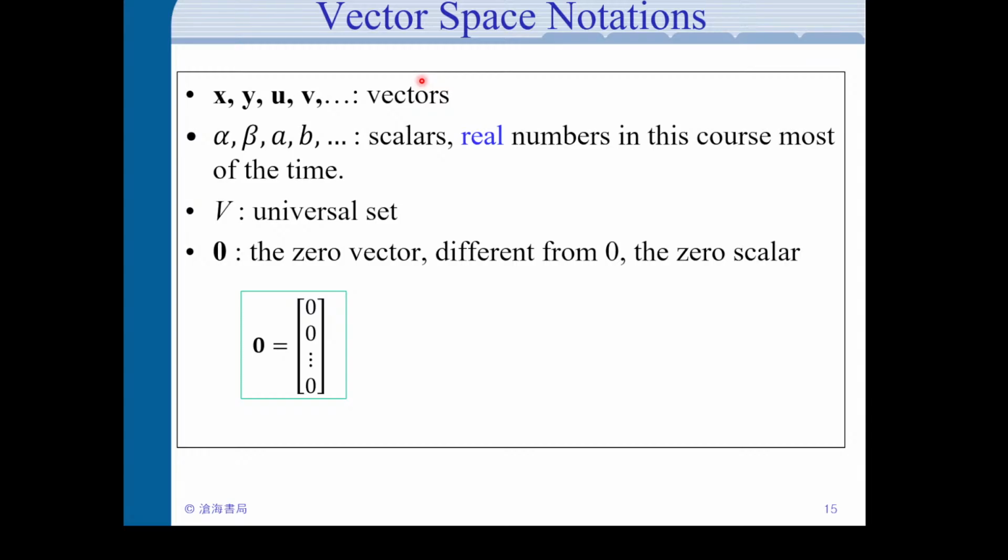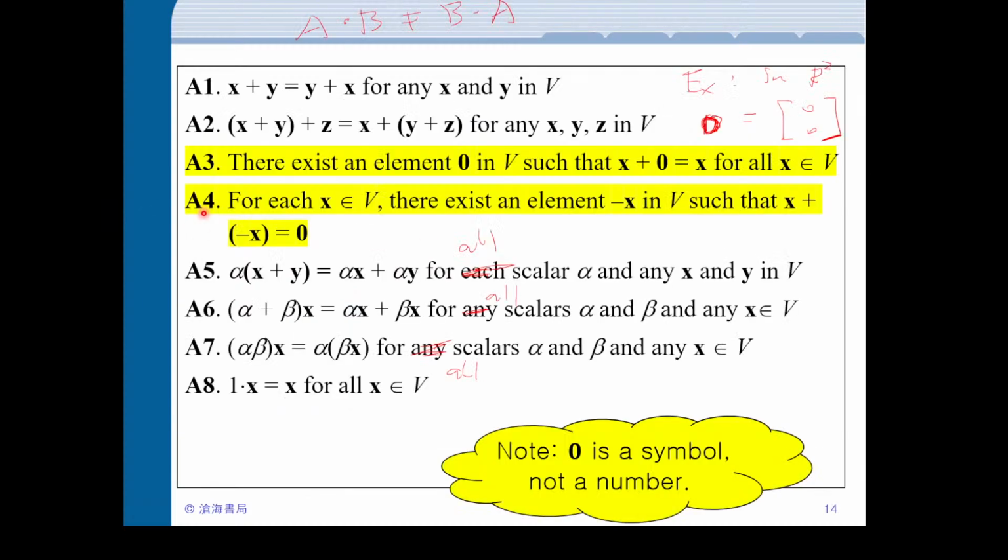And then we have the lowercase letters, either English or Greek. So alpha, beta, or a, b, those are scalars. And as we said, the scalars are real numbers most of the time. Okay? And V is a set. Okay, so the set of all those vectors.